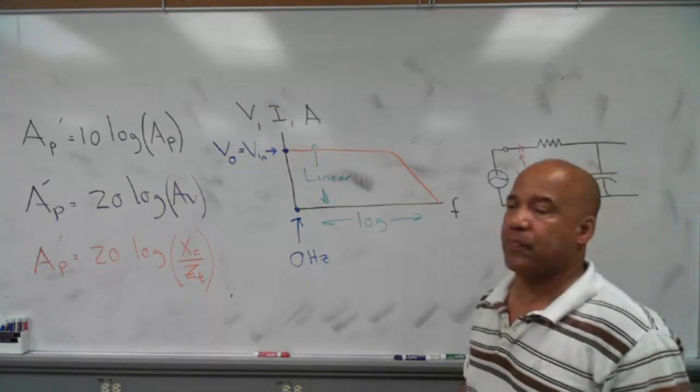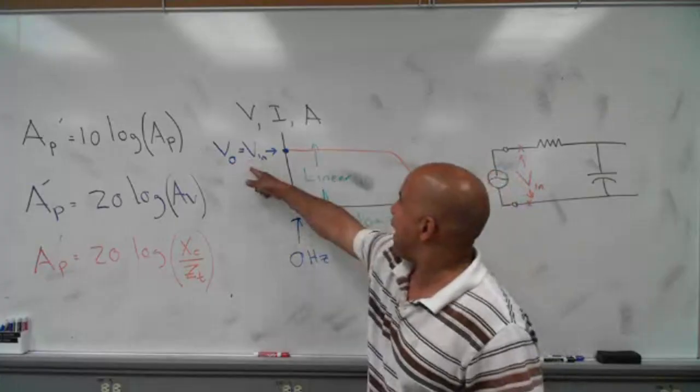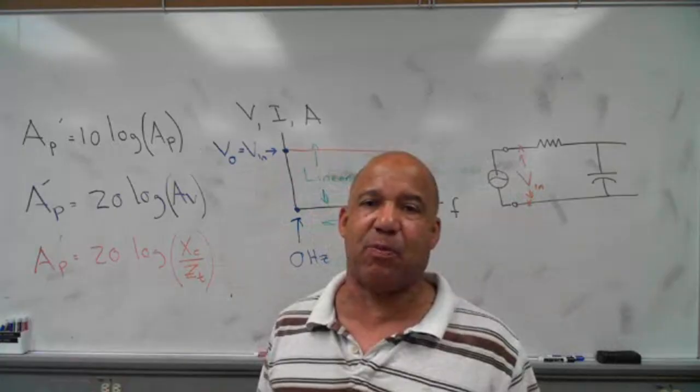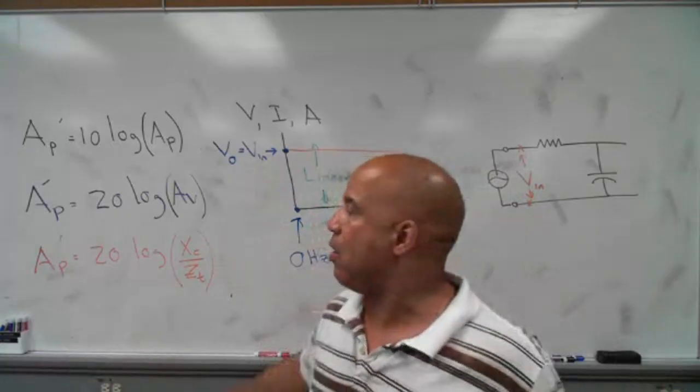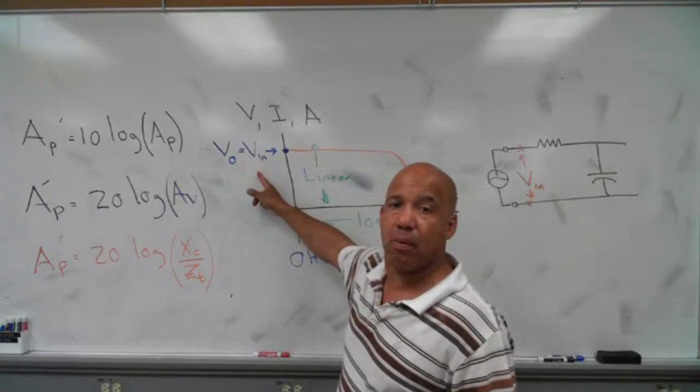That's VN to my filter. And it's saying when I'm all the way over here at 0 hertz, V out and VN are equal. And I've been writing that on all these graphs, but nobody asked me why that was the case. So why is that the case? Why is it that at 0 hertz, V out and VN are equal?